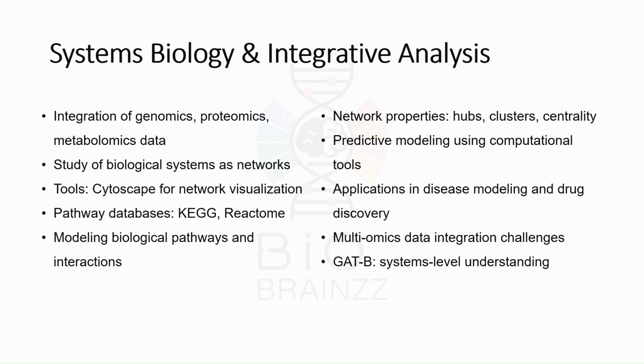Tools like Cytoscape are used to visualize biological networks, and databases like KEGG help in pathway analysis. This approach is very useful in disease research and drug discovery. For GAT-B, focus on the concept of integration and network analysis terms like hubs and pathways.